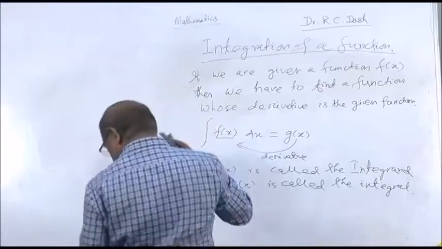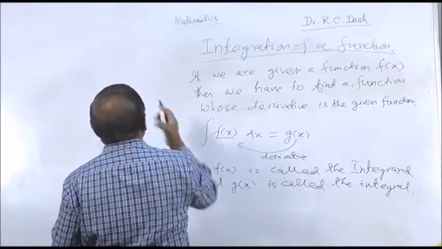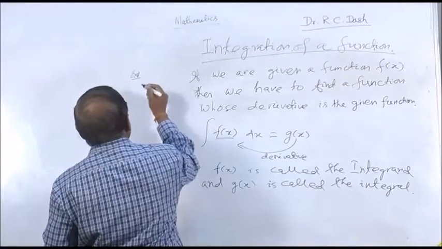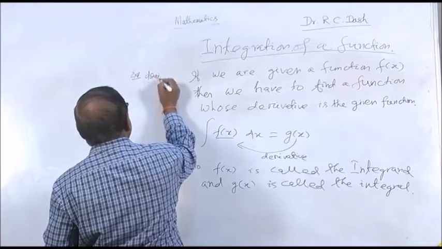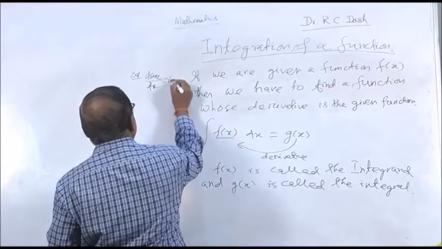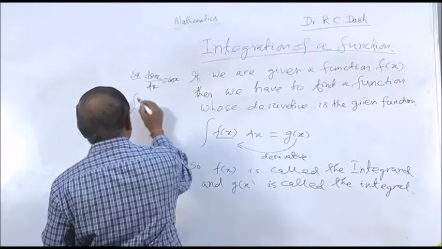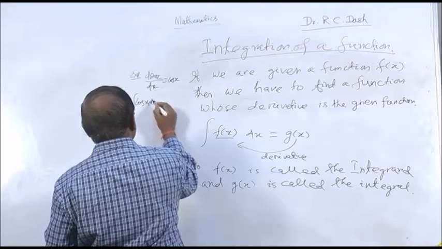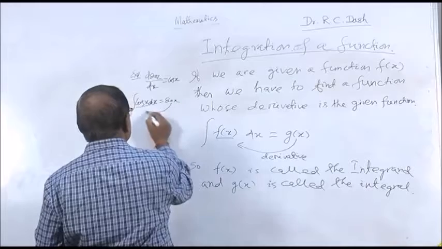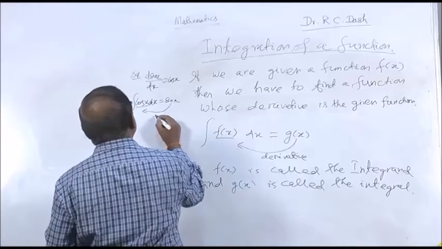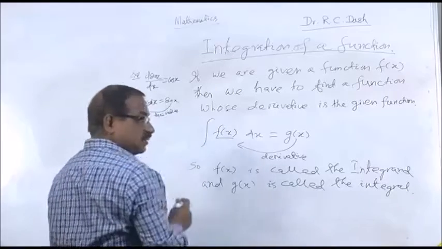Let us take the examples. You see example: d sin x by dx is cos x. That implies integration of cos x dx is equal to sin x, because the derivative of sin x is cos x.